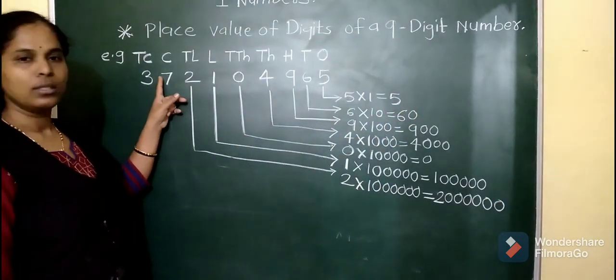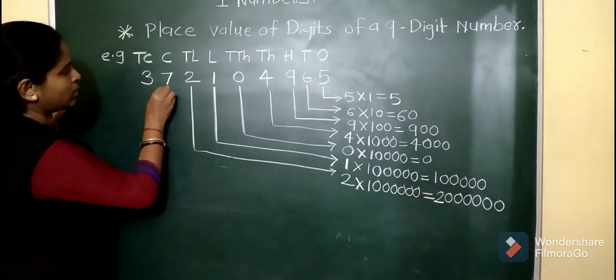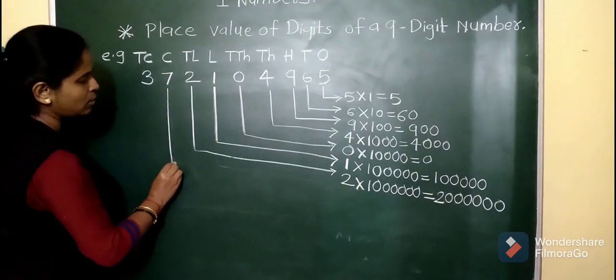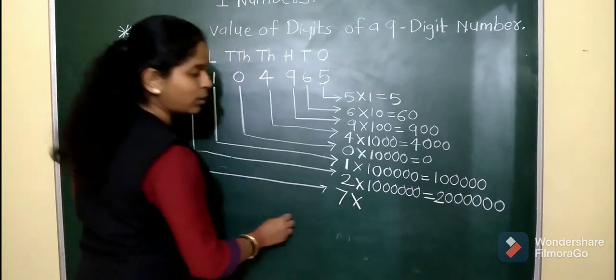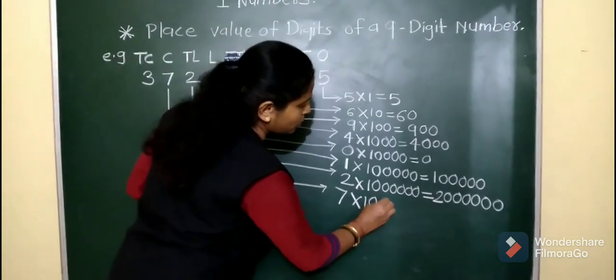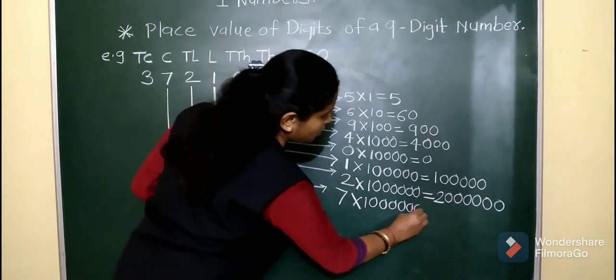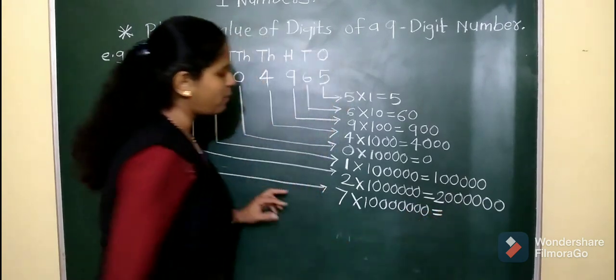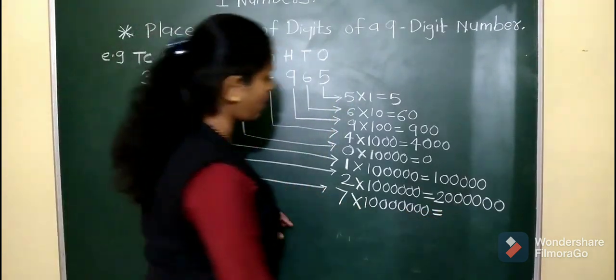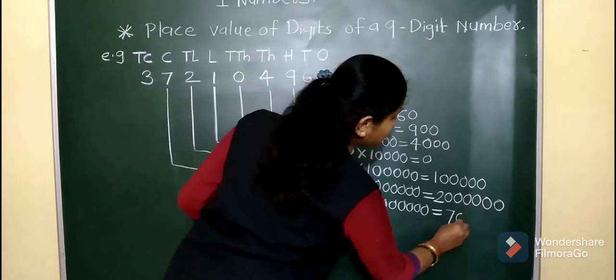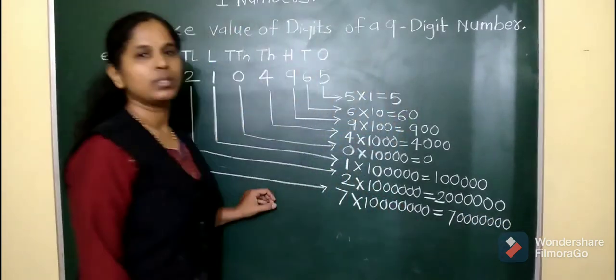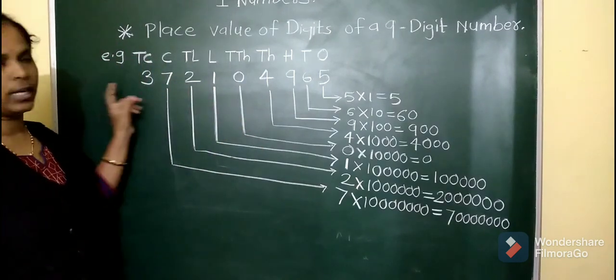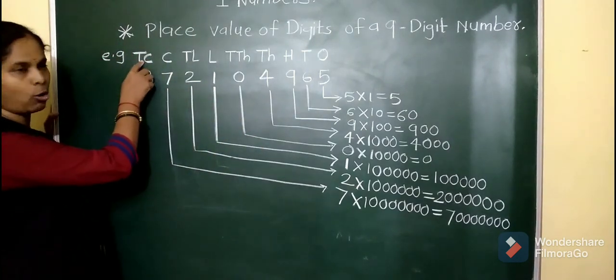Next digit is 7. 7 is at crores place. So we will have to multiply 7 by 1 crore. So 7 into 1 crore is 7 crores. Next digit is 3. 3 is at 10 crores place.